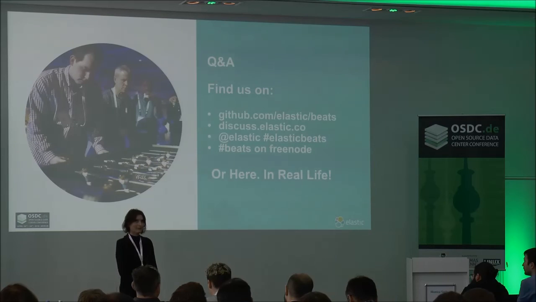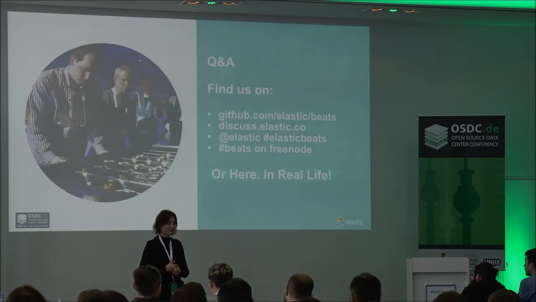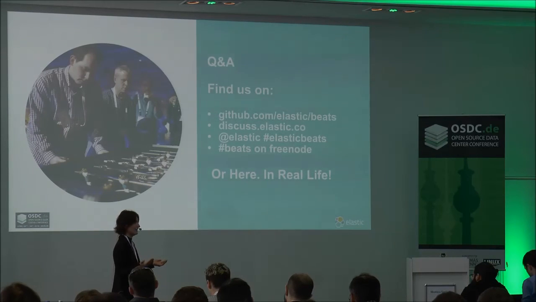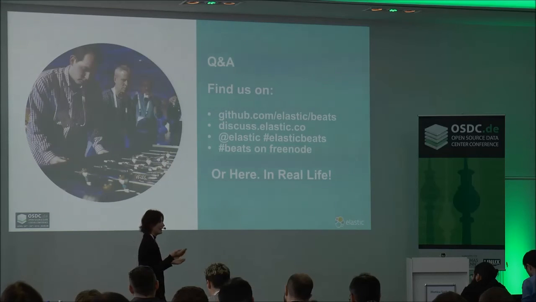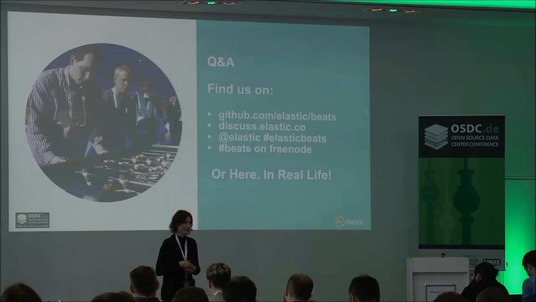Yeah, so it depends on the beat. For example, Filebeat never loses a log line. So this means that if the network is busy, then it stops. It doesn't do anything, and it tries later. In case of Packetbeat, it drops the packets.